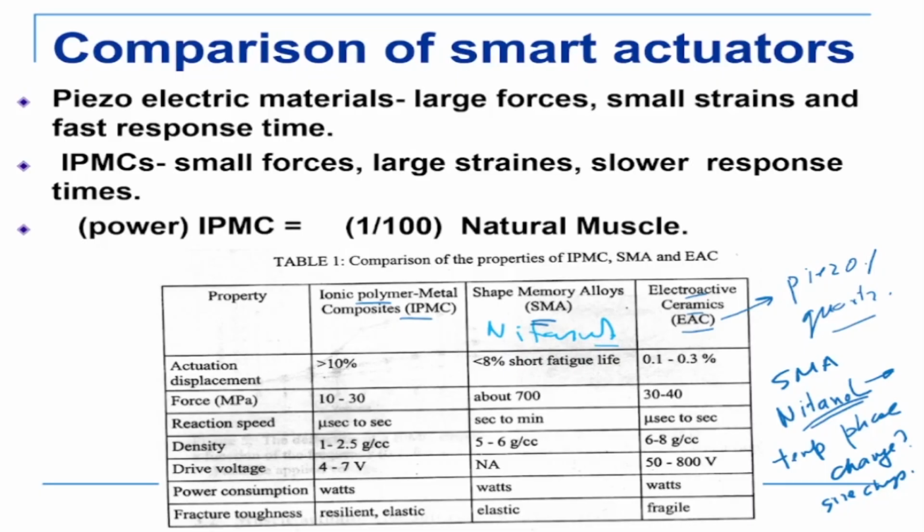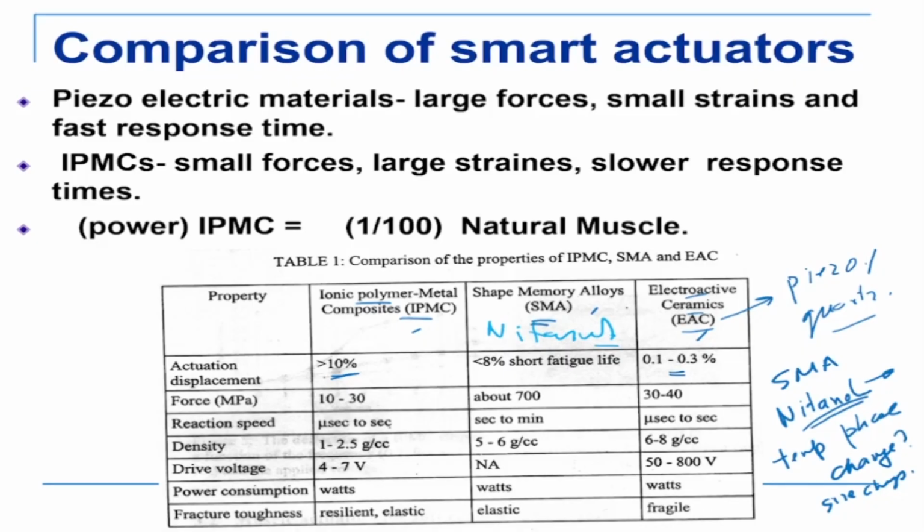Now when you want to think of which smart actuator to use, there are three of them: IPMC, SMA, and electroactive polymers. In terms of displacement, we see that IPMC has the largest displacement, and piezos have the smallest displacement.